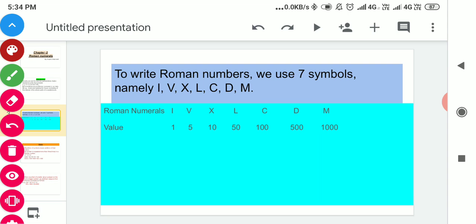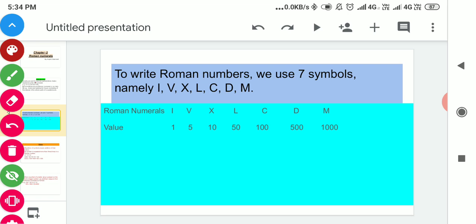To write Roman numerals we use 7 symbols, namely I, V, X, L, C, D and M. So let's see these Roman numerals and the value.